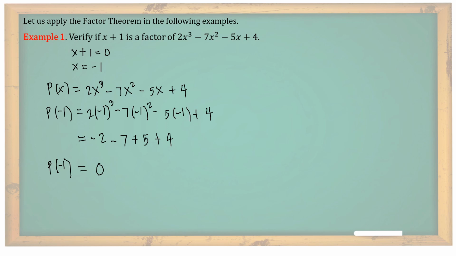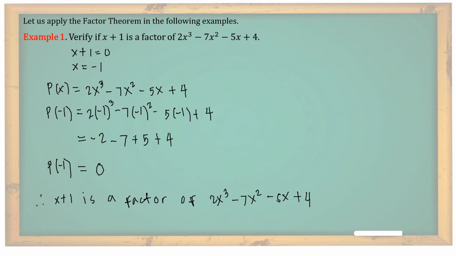So since yung ating P of negative 1 is 0, yung ating P of c is 0, therefore, itong x plus 1 is a factor of 2x cubed minus 7x squared minus 5x plus 4.